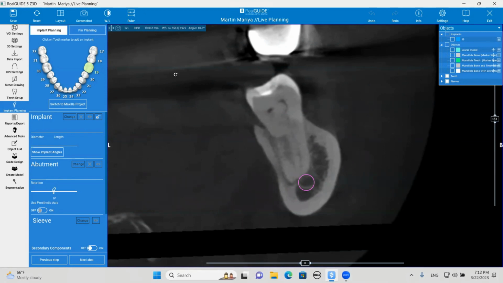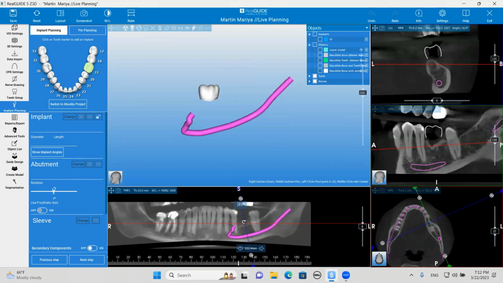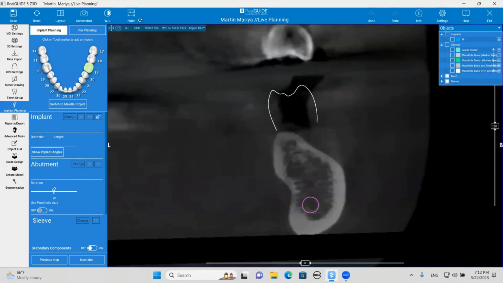So why don't we look at a cross section through this edentulous area, and let's see how much bone we actually have. As you can see, what Dr. Hussein has done is he has placed a tooth where the central fossa will coincide with the lingual cusp of the maxilla, which is the plunging cusp of the maxilla.